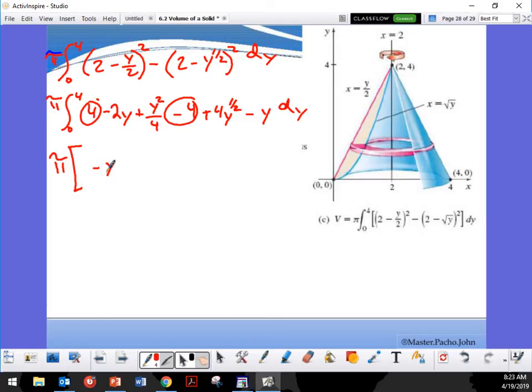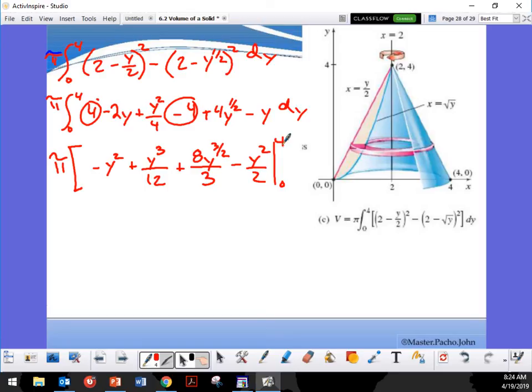Negative y squared plus y cubed over 12 plus y cubed over 2, 8 over 3, minus y squared over 2, from 0 to 4. Wait, where did you get minus y squared over 2?